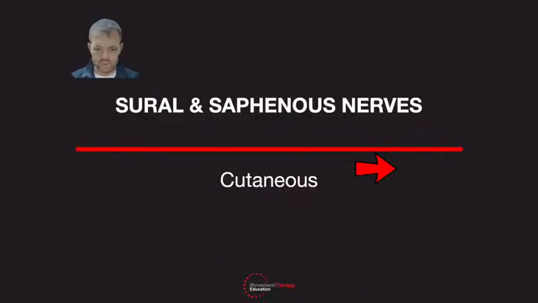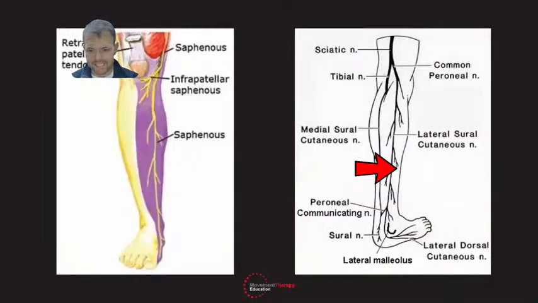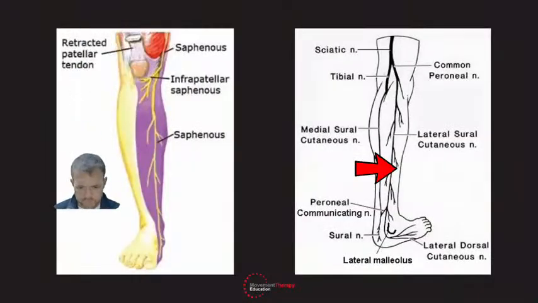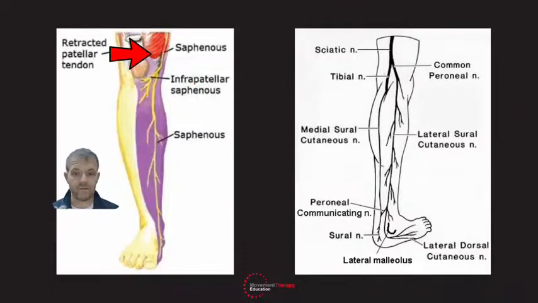So let's have a look at your sural and saphenous. Your saphenous comes from way up here, which is from the femoral nerve. Again, we'll talk about that when we get to the hip as we move up.